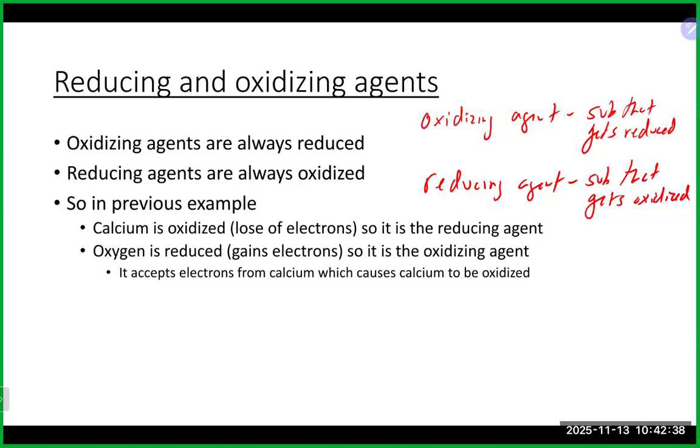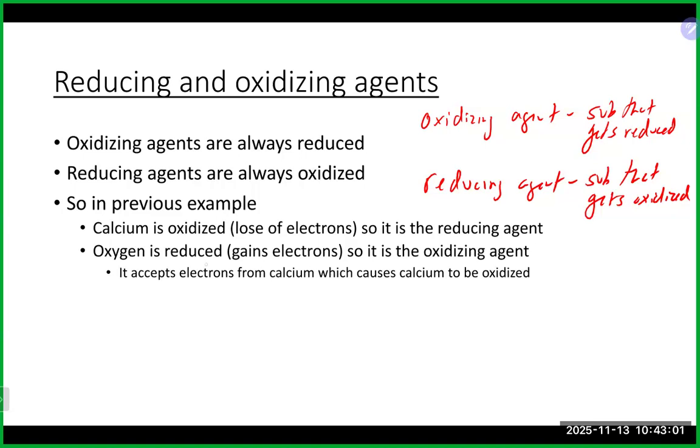The reducing agent is sort of the same explanation. When it gets oxidized, it's going to release electrons. And by that process, it's going to cause something else to get reduced. So once again, if you're asked what is being oxidized and what is being reduced, that is a different question than what is the oxidizing agent and what is the reducing agent.